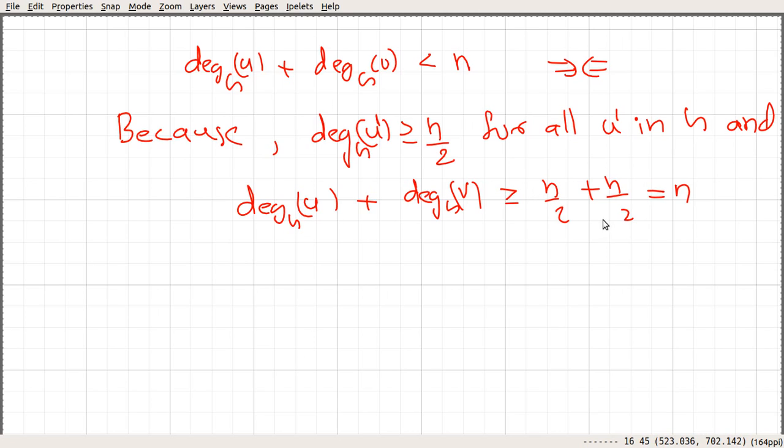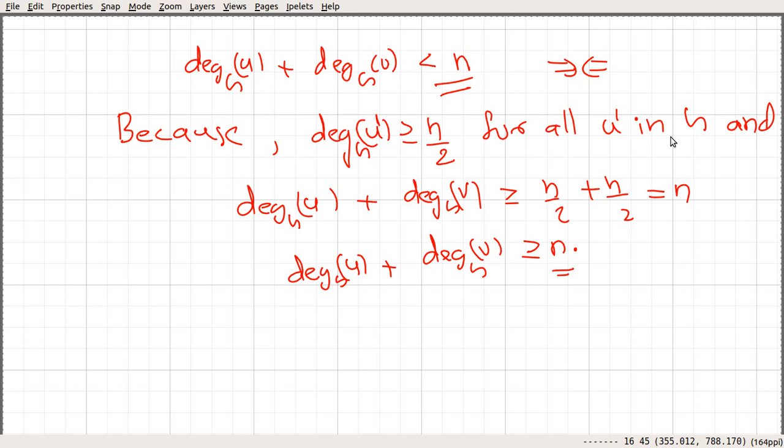So this condition says the degree of U in G plus the degree of V in G is greater than or equal to n, and here we arrived at this conclusion. If you assume the statement is false, the degree of U in G plus the degree of V is less than n.